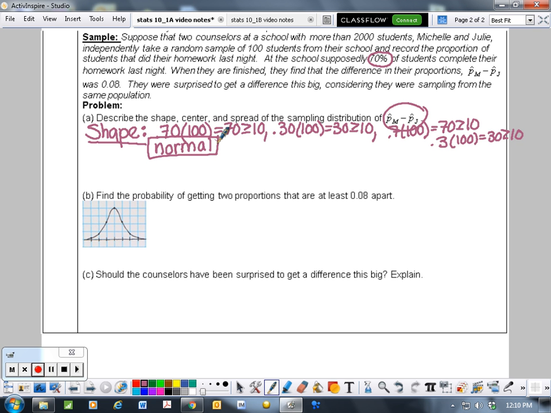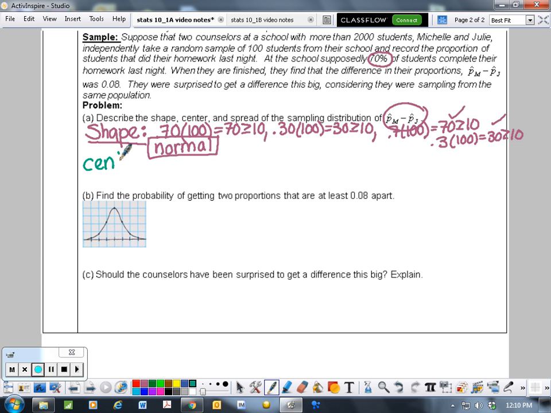And we've shown that it's normal by checking all of those. If you wanted to write out, well, Julie's is exact same as Michelle, so 70 is greater than or equal to 10, and 30 is greater than or equal to 10, so it's normal, you could do that. But I find it easier to just go ahead and rewrite the calculation part because it's shorter in the long run.